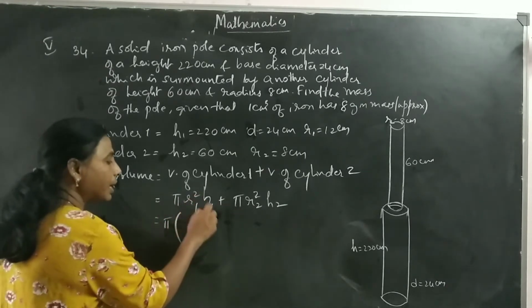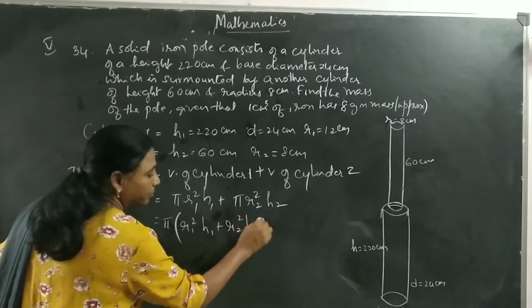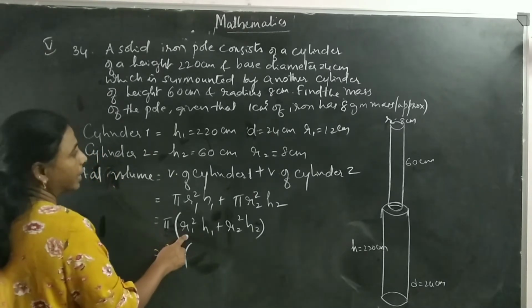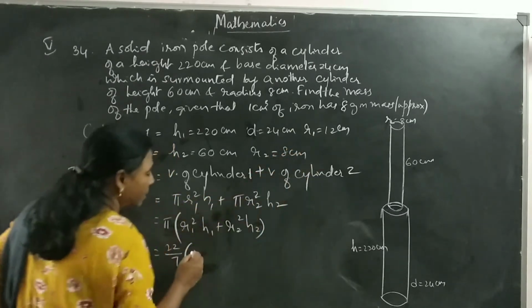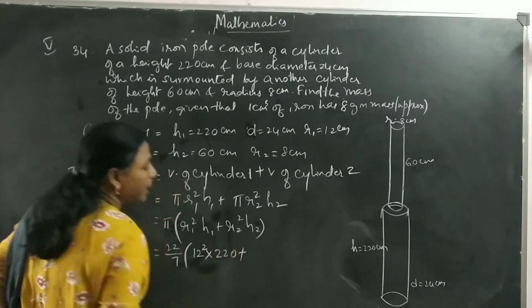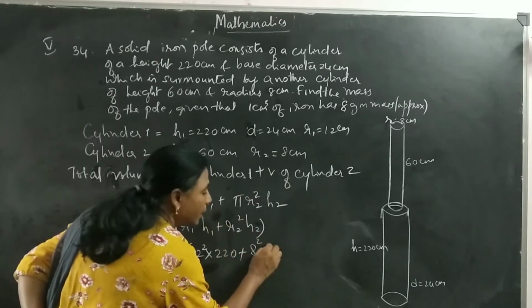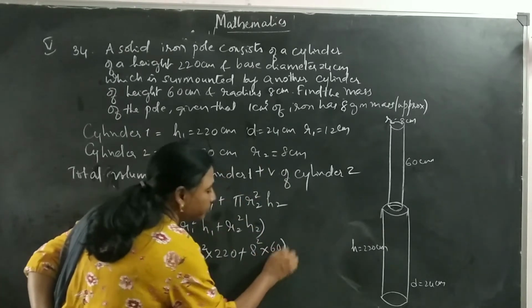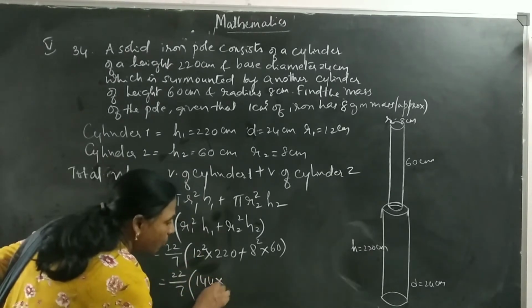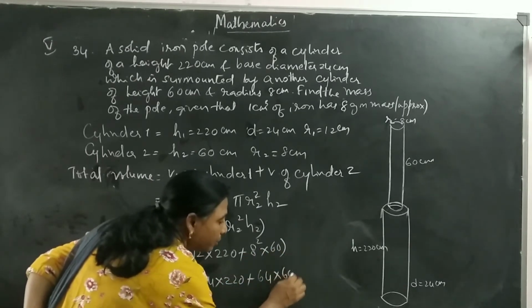So pi into r1 square h1 plus r2 square h2 equals 22 by 7 into r1, which here is 12 square, into height 220, plus r2, which is 8 square, into h2 which is 60. That equals 22 by 7 into 12 square is 144 into 220 plus 8 square is 64 into 60.